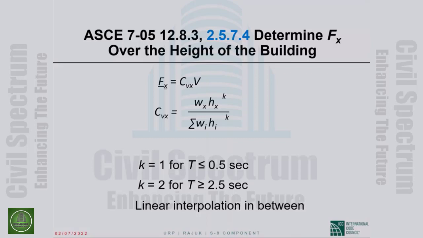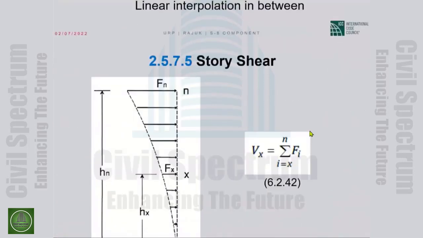So in this day and age, the interpolation between 1 and 2, a K value of something like 1.37, should not be a problem for anybody. So I would suggest that you do that. If you have a period of, I don't know, 1.2 seconds, you interpolate between K of 1 and K of 2, and whatever your K value is, 1.37, you put that into that equation and do your distribution.